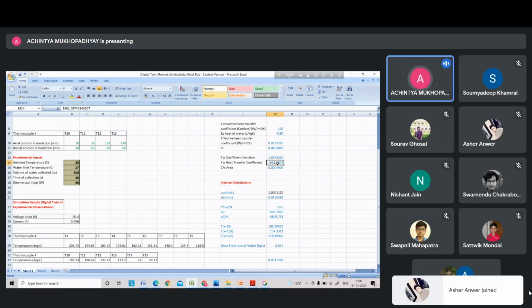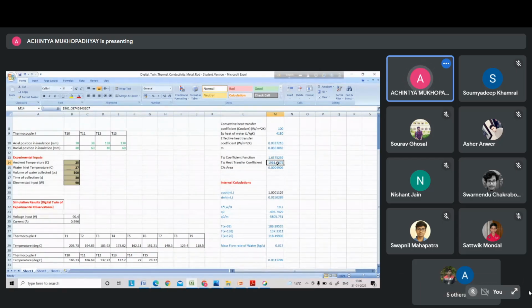If I get some estimation about the heat loss from the tip, then I can find out the heat transfer coefficient. For that, again a nonlinear equation has to be solved, but the tip heat transfer function is given here.